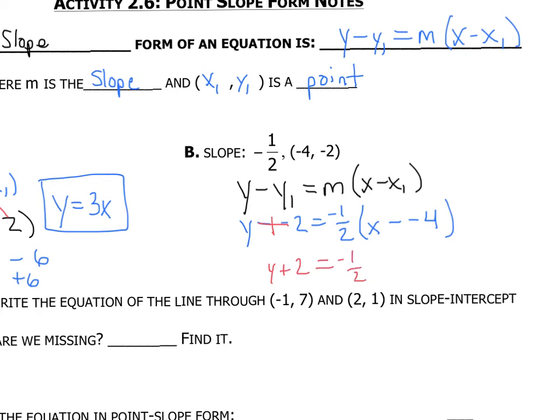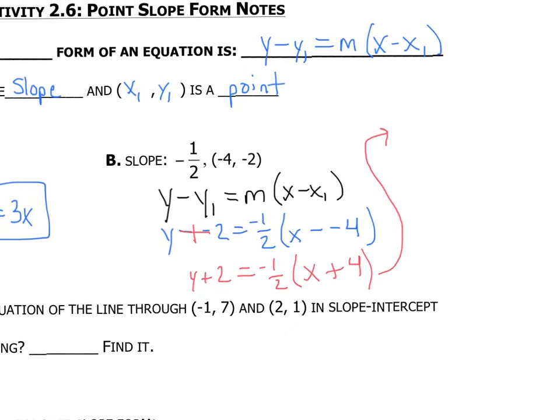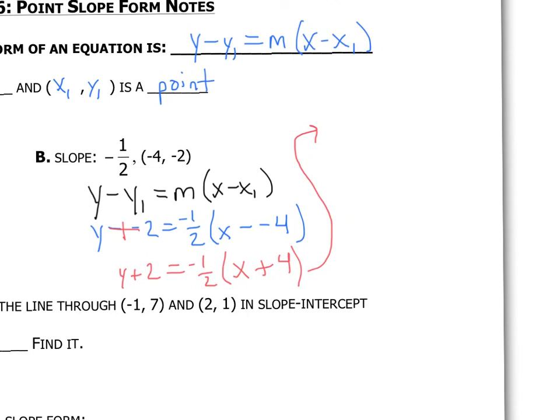x plus 4. Now we're going to move this up here so we have some room. Meanwhile, we're going to distribute that 1/2. So now I have y plus 2 equals negative 1/2. Negative 1/2 times x is just negative 1/2 x. When you're multiplying to a variable, it just stays like that.